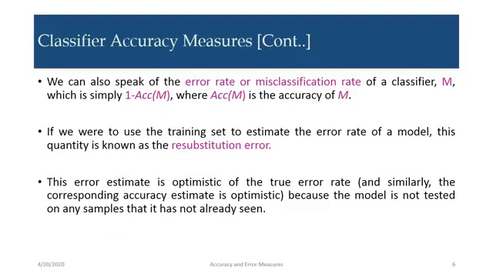This error estimate is optimistic of the true error rate. Similarly, the corresponding accuracy estimate is optimistic, because the model is not tested on any samples that it has not already seen. We made the model from the training tuples and we are applying the model on them, so that's why it is very optimistic.